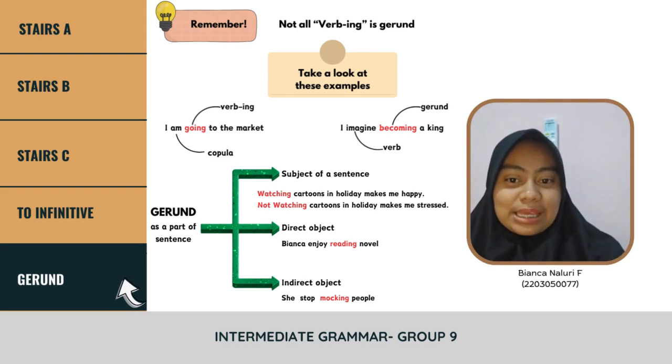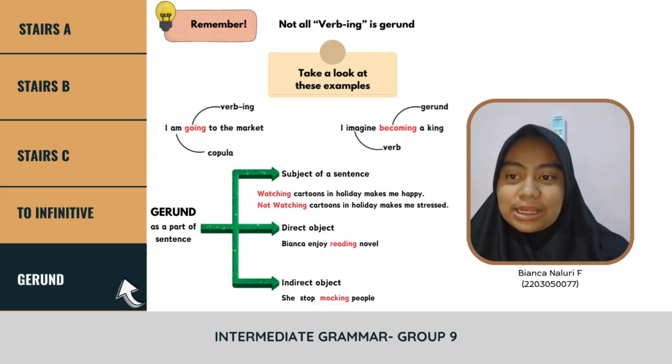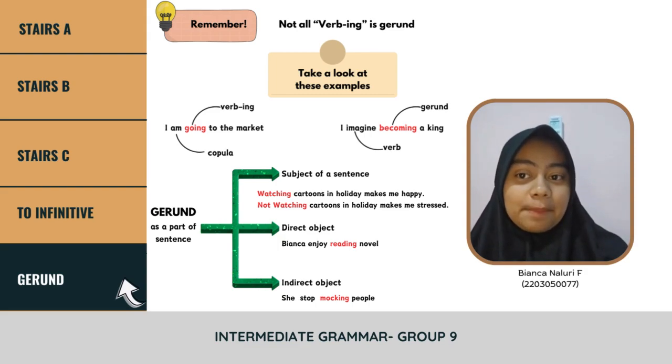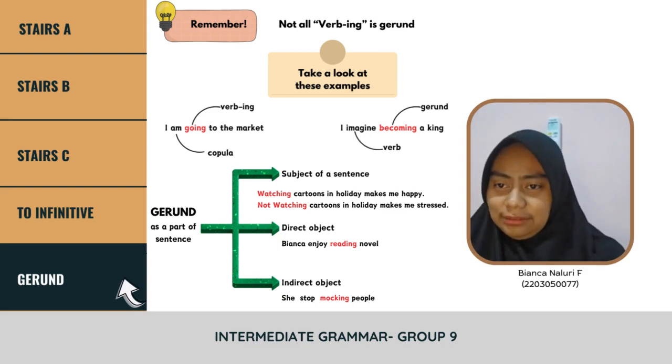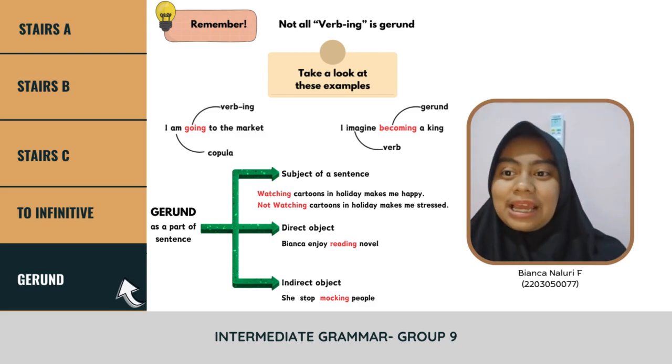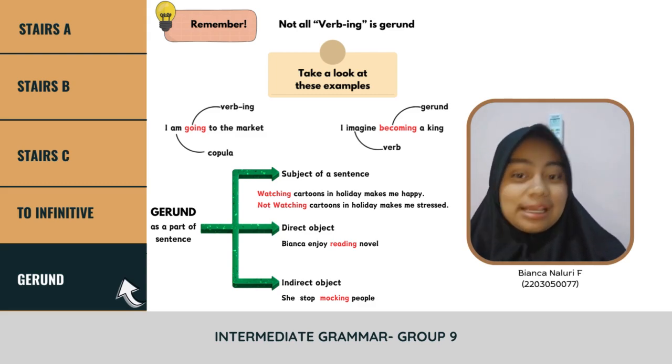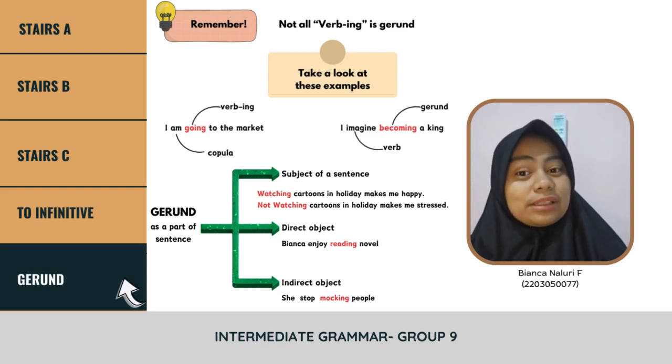I have two examples here. The first one is I am going to the market, and the second one is I imagine becoming a king. Okay, let's take a look at the first example. I am going to the market. I is a subject or noun phrase one. Am here is a copula, or you are also familiar with to be, it's just the same.